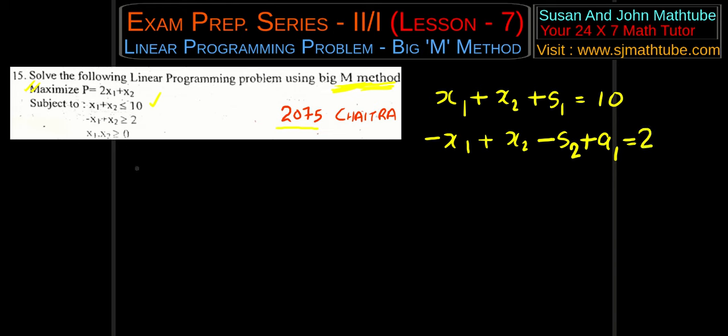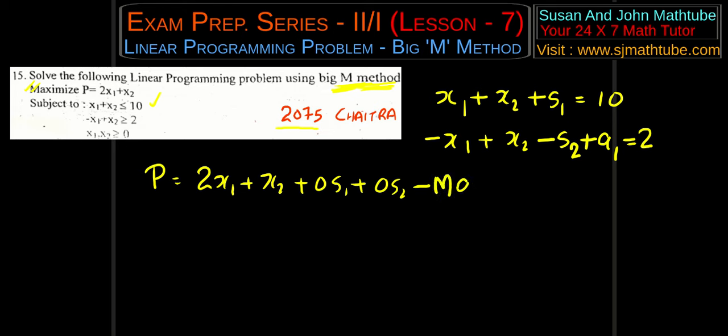And the profit function, that is P equal to 2x1 plus x2 plus 0S1 plus 0S2, and it's a maximization problem, so I'm going to put minus MA1. If you use A1 and A2, that is minus MA1 minus MA2. Now let's take everything to the left side, so minus 2x1 minus x2 plus MA1 plus P is equal to 0.